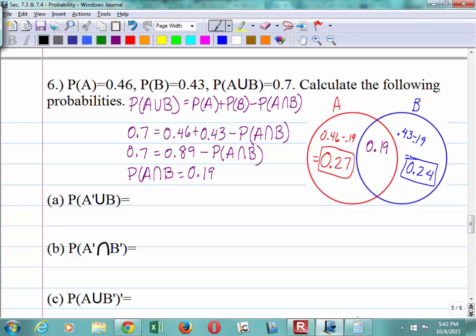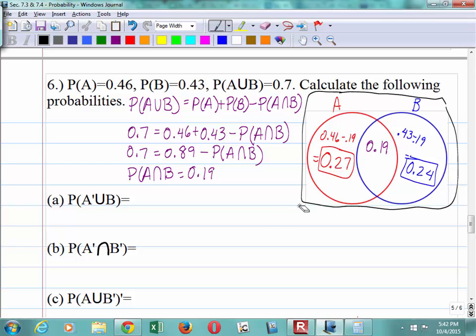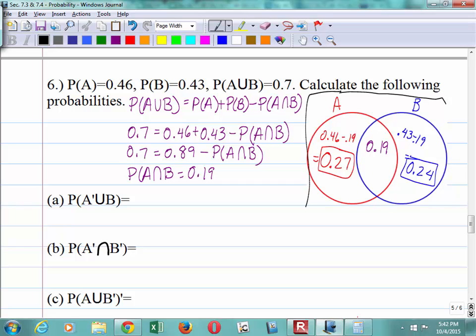And then we also have the universal set. To figure out what that is, we would do 1 minus 0.7 to get 0.3.